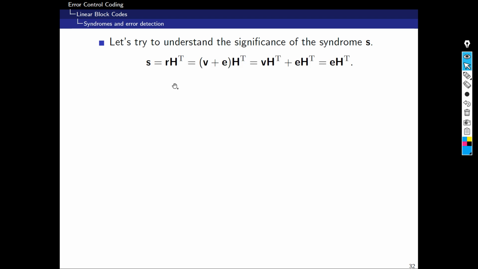Everybody knows that R comes from the summation of V with E. V is the code word and E is the error caused by the channel on V. And you multiply it by H transpose, which comes from G, but you put the unity matrix at the beginning and parity at the end, and you change the dimension. Now you can distribute this.